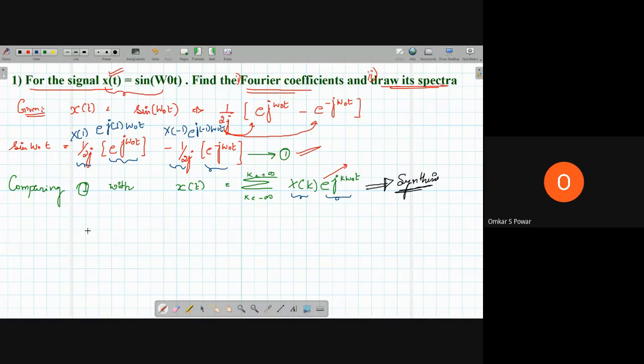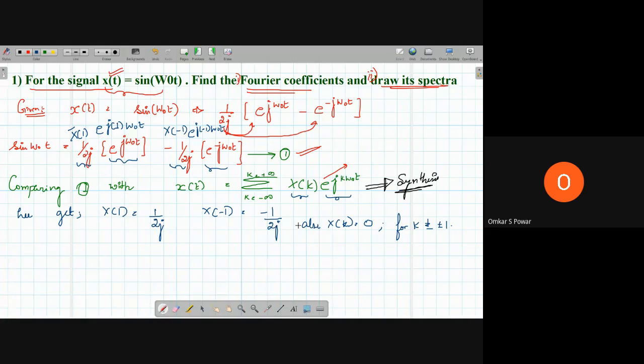Let us now write the values of x[1] and x[−1]. We get x[1] equal to 1/(2j). Compare this one; I have written it so you are not confused. Then x[−1] is equal to −1/(2j). Also x[k] is equal to 0 for k not equal to plus or minus 1.